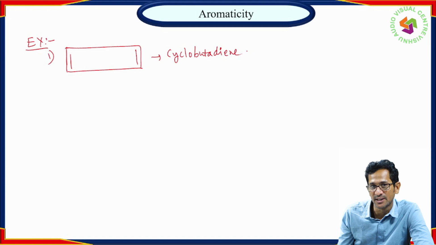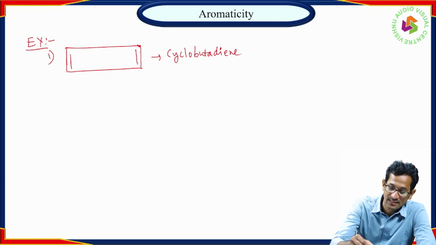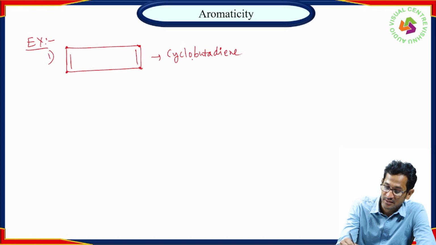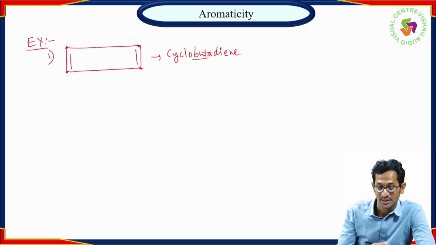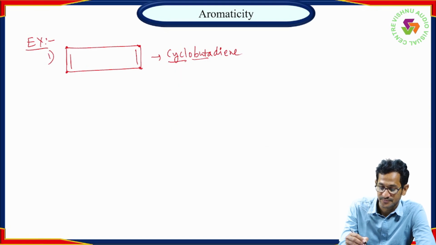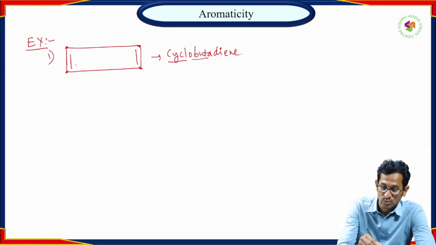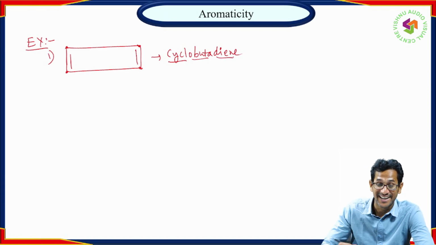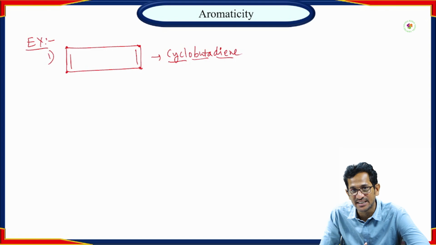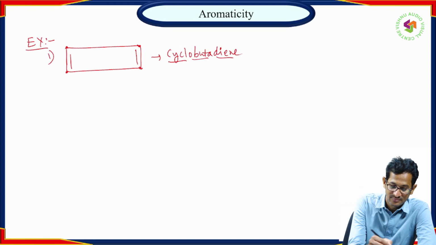The name of the compound is cyclobutadiene because it has four carbons. It is cyclic in nature, cyclo. Next, diene. It has two double bonds. Therefore, diene. Double bond means ene. Right. We will discuss the conditions.